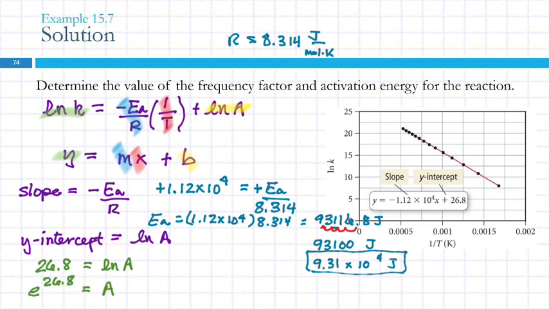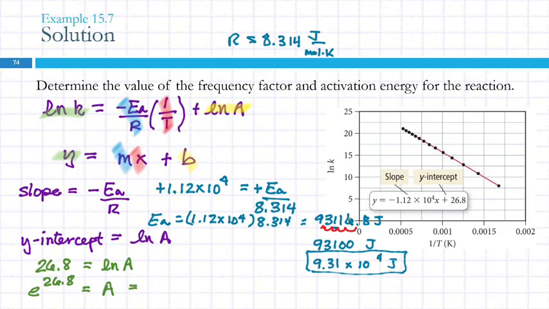And again, if that's something that gives you some trouble, use the number solver. Or, even better, try it, thinking it through like that, and then check it with the number solver and make sure you did it the right way. Okay? So I'm going to have e to the 26.8 equals.